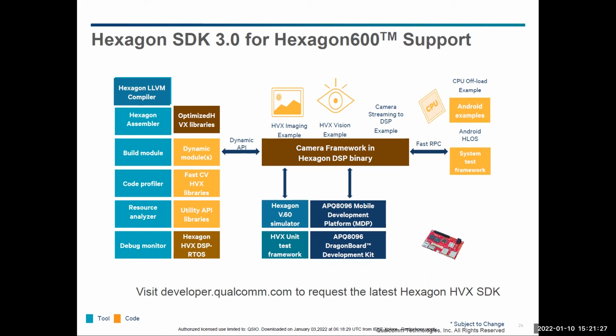It would be a good idea to attend the next session on Hexagon SDK, which will cover all these aspects in much more detail. And for more details about Hexagon SDK or downloading it, you can download it from developer.qualcomm.com. It has the latest SDK available, and you can get more information about it on our developer website.